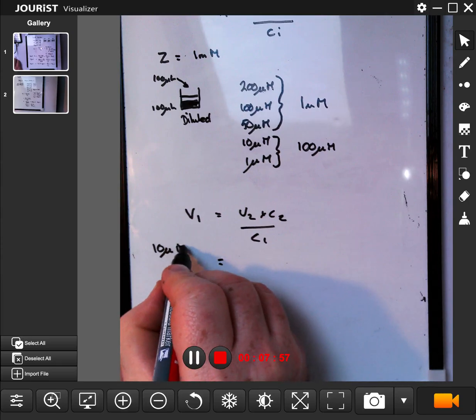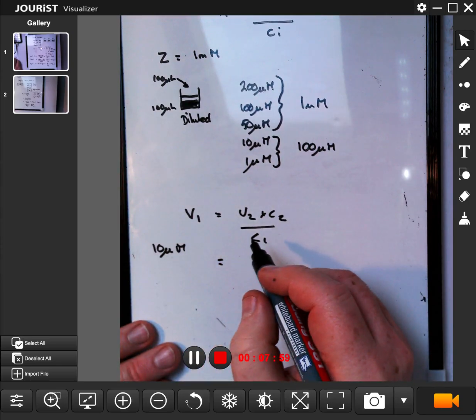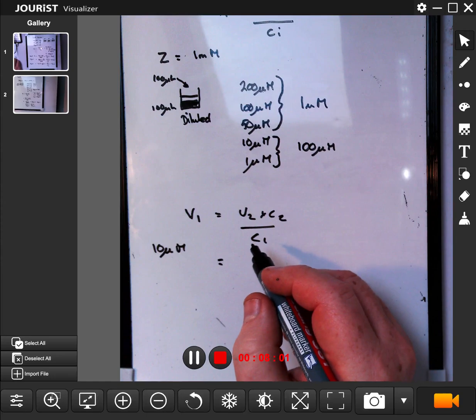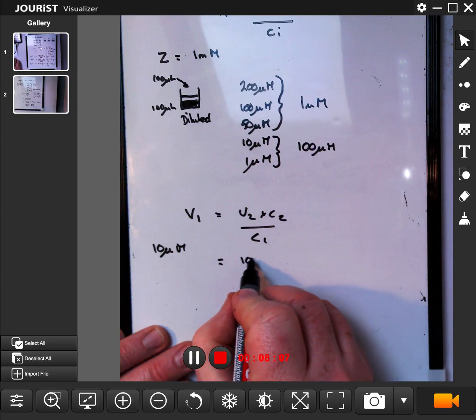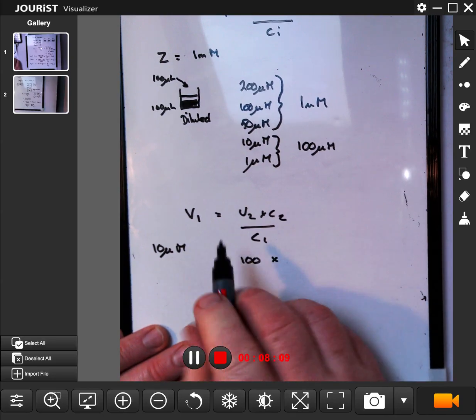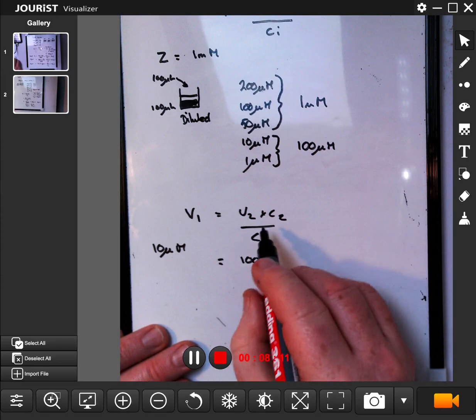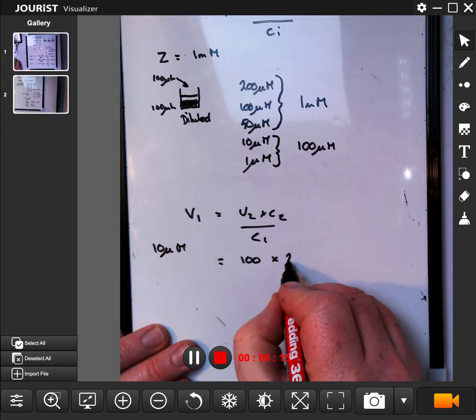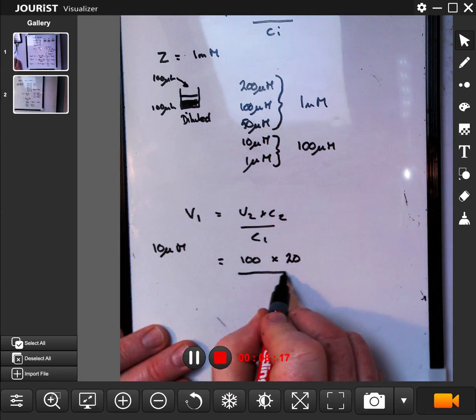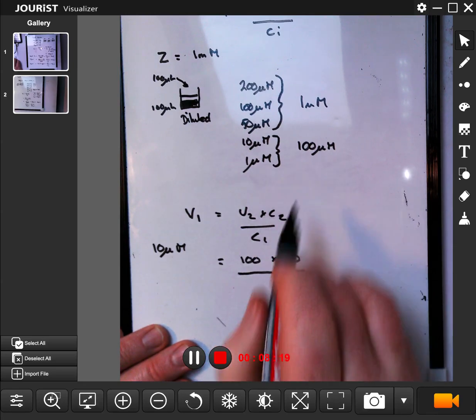Now what we want here is 10 micromoles. The volume of our desired solution is 100. We want 10 micromoles, but remember it's going to be diluted by 2, so that's going to be 20. And we're going to divide that by this 100 micromoles.